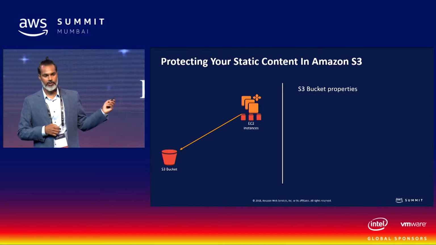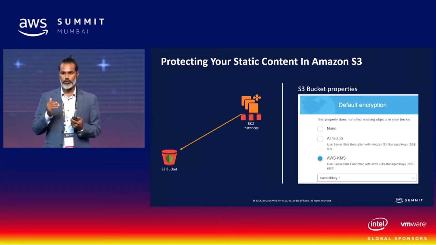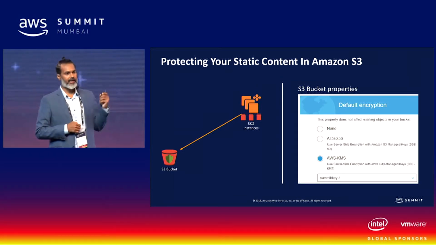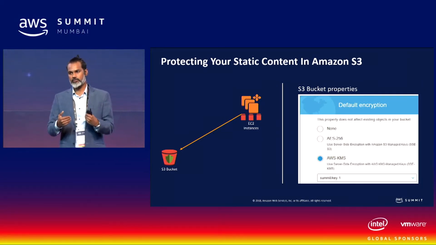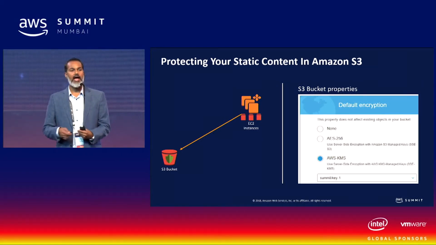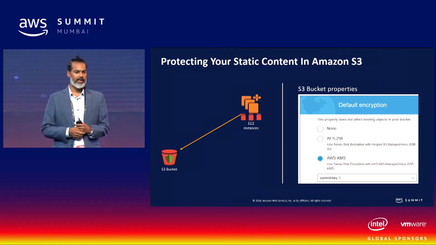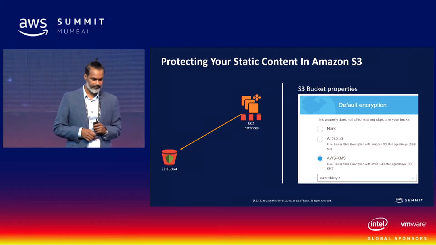Right in the bucket properties, there's an option which you can choose, which is either a server-side encryption or a KMS-backed encryption. That means you have to pre-provision KMS keys, and behind the scenes AES encryption is applied. All the content in your bucket would now be secure.